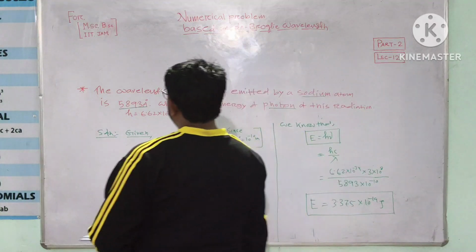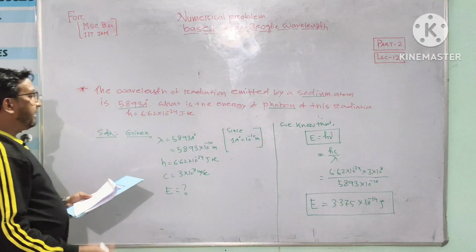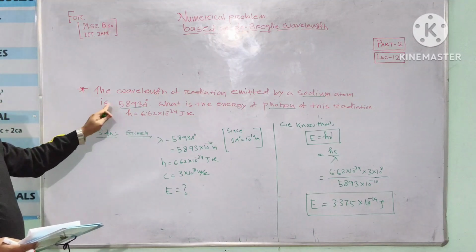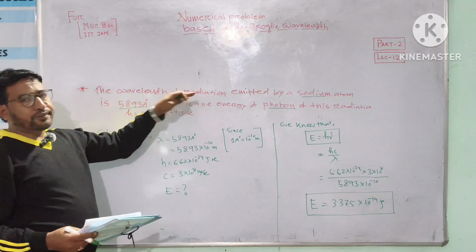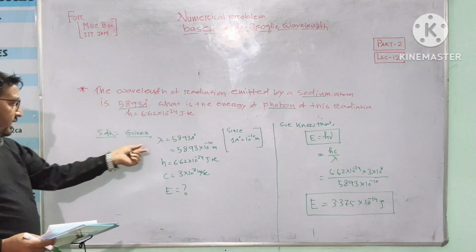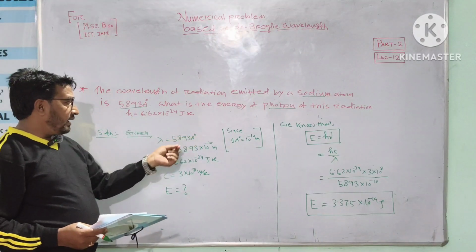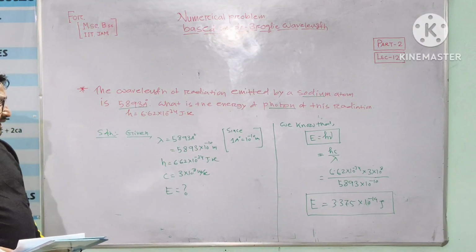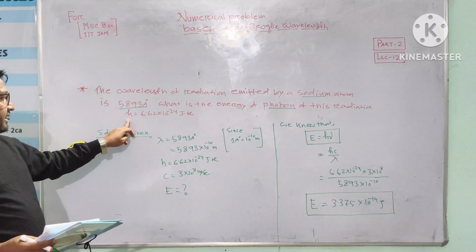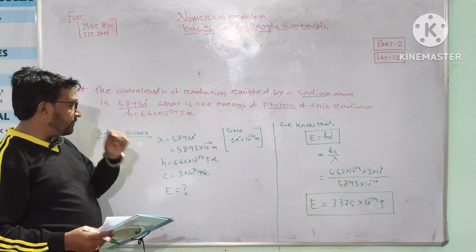For your better understanding, I am going to repeat it once again. The wavelength of radiation emitted by the sodium atom: we know that electromagnetic radiation or light consists of photon particles. Its wavelength is 5893 angstrom, and 1 angstrom equals 10 to the minus 10 meter, so we can write 5893 into 10 to the minus 10 meter. And h is also given, h equals 6.62 into 10 to the minus 34 joule second.